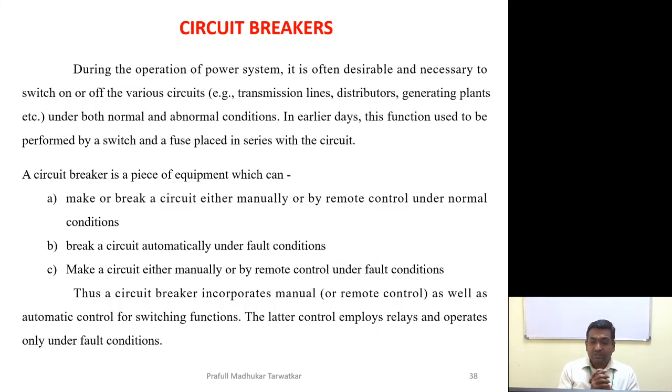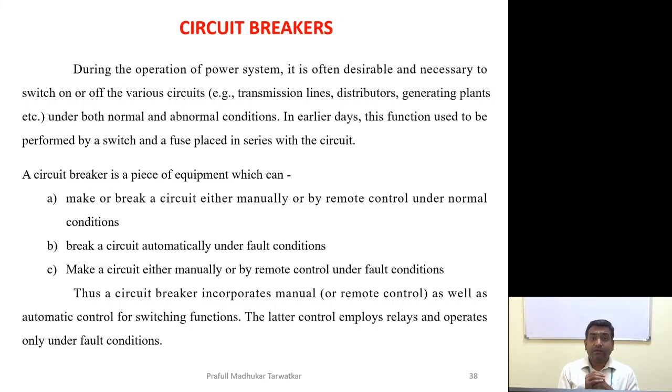Now coming to the circuit breaker, we will start again with the basic definition. It is nothing but an electromechanical switch. During the normal course of operation, this switch carries a normal amount of current and there is no need of tripping on or tripping off.